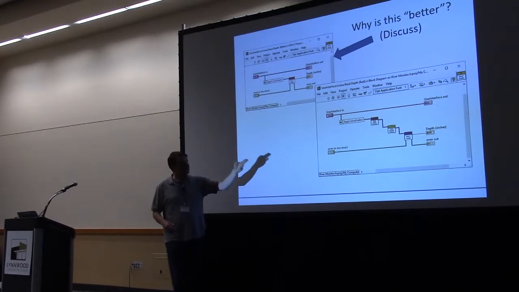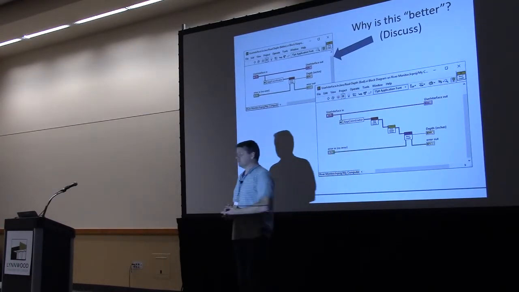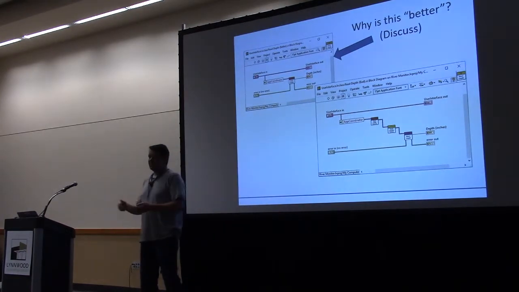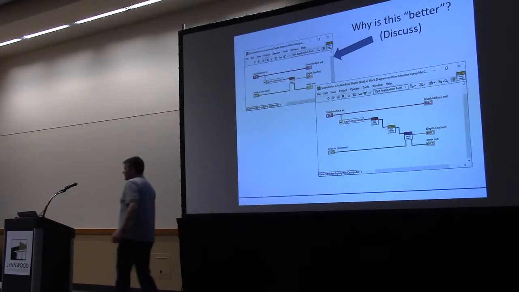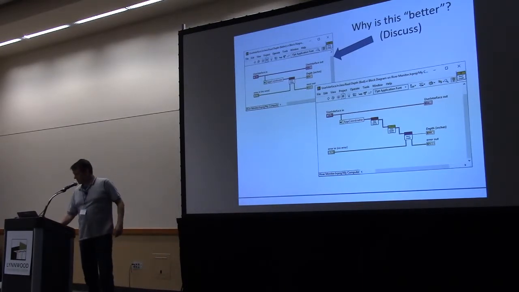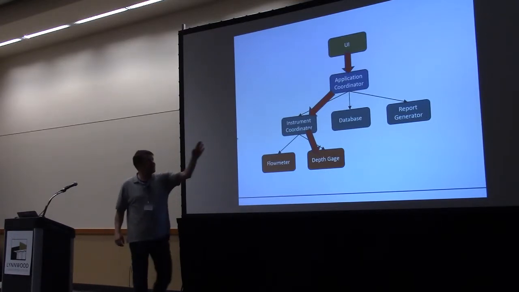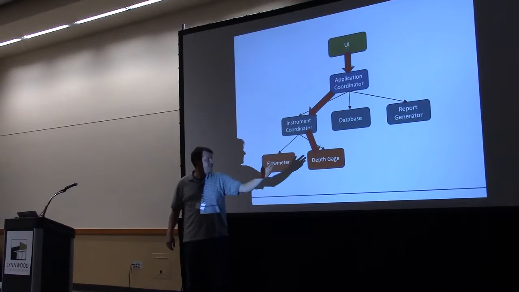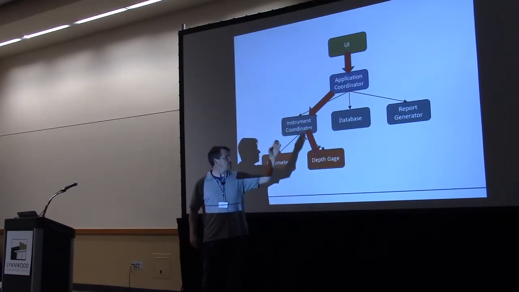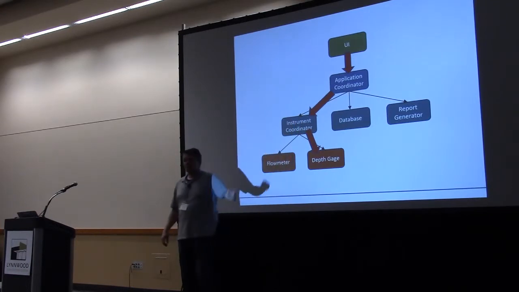If you make a change to the lowest level depth gauge, then that change propagates up through all the layers. Whereas, in this kind of a topology, if we make a change here, we can limit the effect that that change has on the rest of the application.